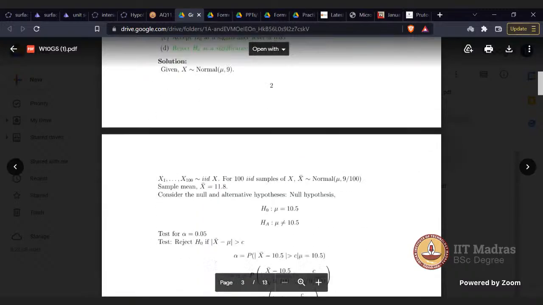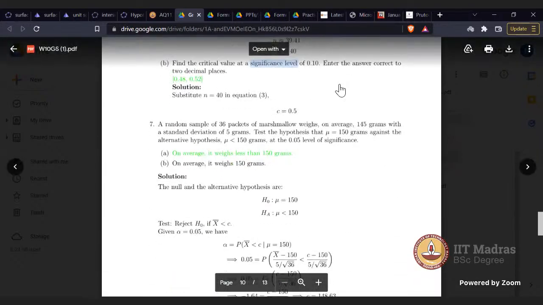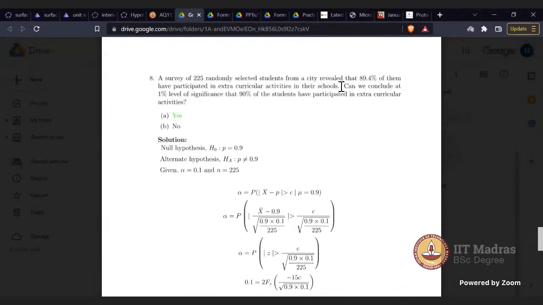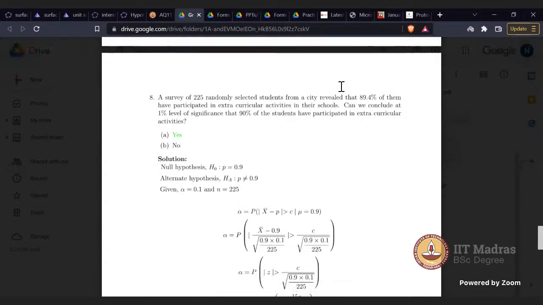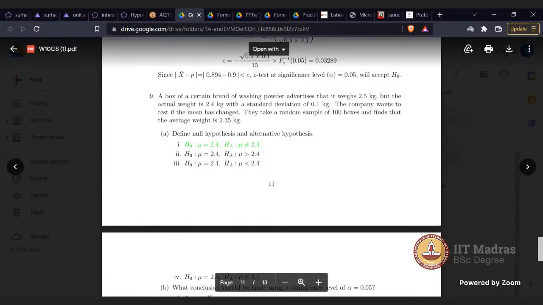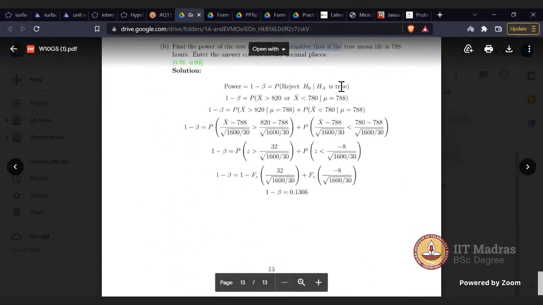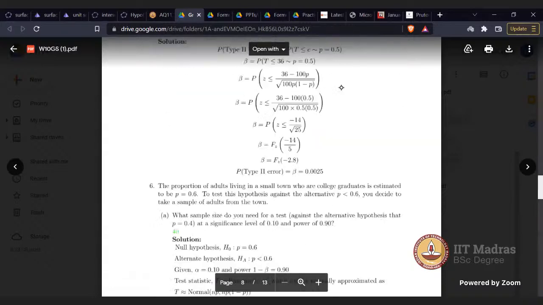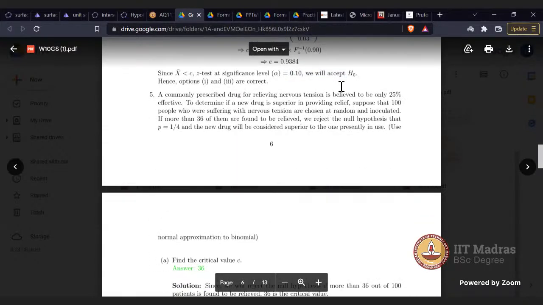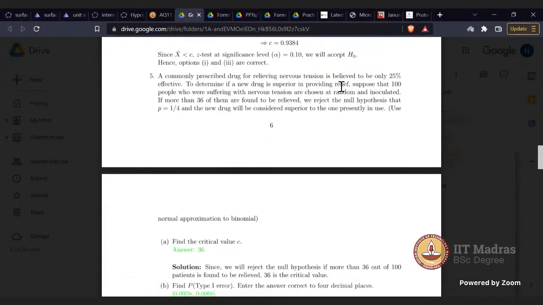Question number 5. How can we find beta? I mean, how can we decide the alternative hypothesis?